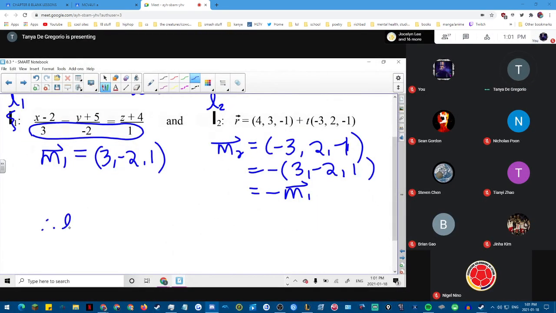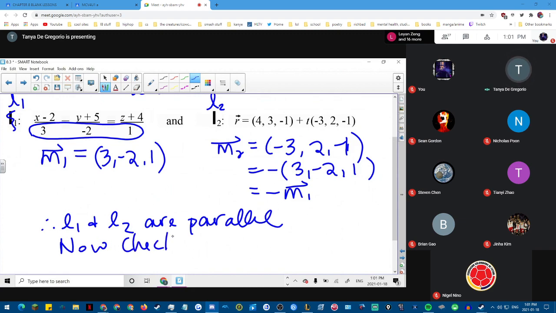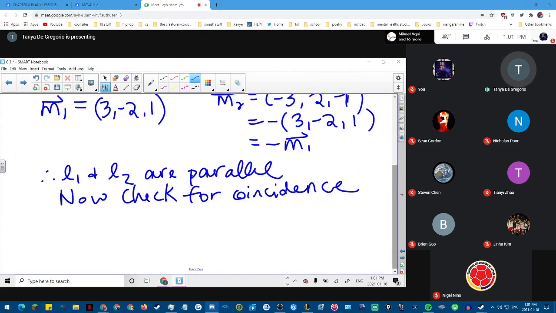So I know now they're definitely parallel, but are they coincident? How can I check if they're coincident? If the points are multiples of the direction vector. If the points are multiple, okay, yes. So how can I check algebraically?